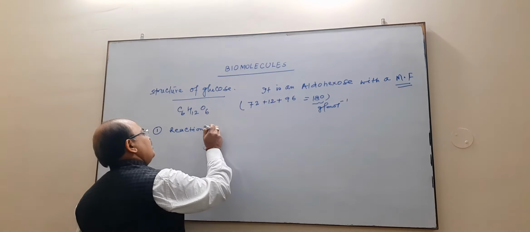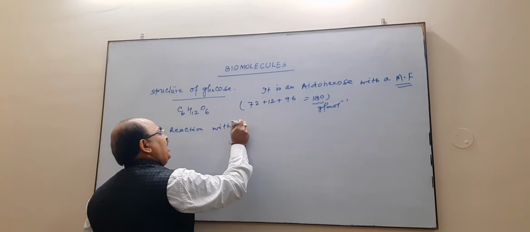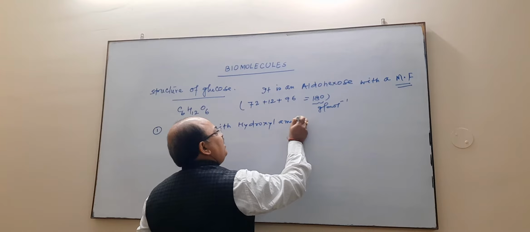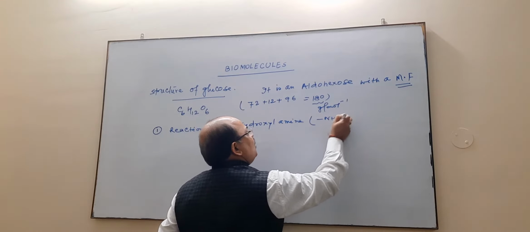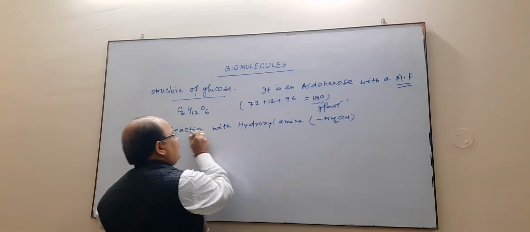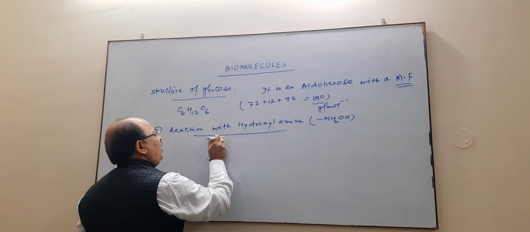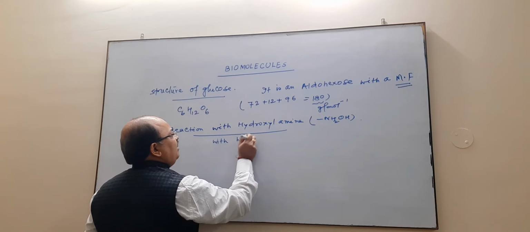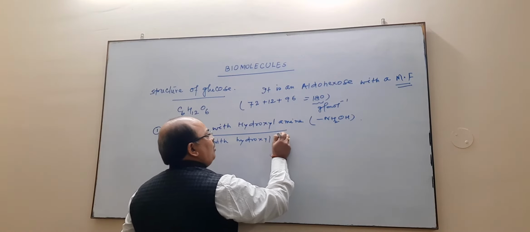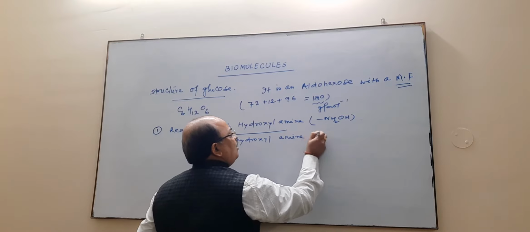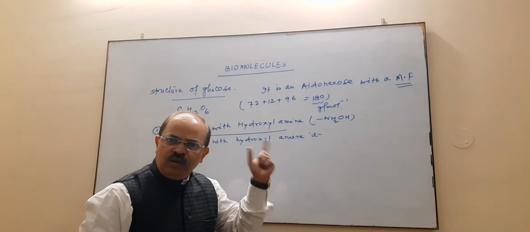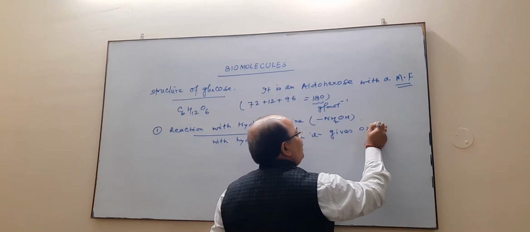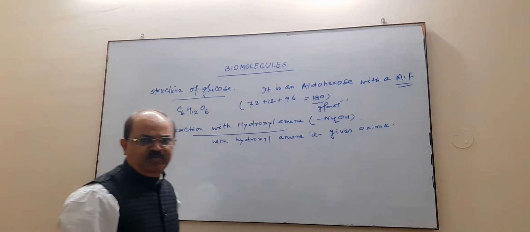Hydroxylamine has a formula of NH2OH. With hydroxylamine, it gives, for glucose, oxime. ये क्या देगा? oxime देगा.